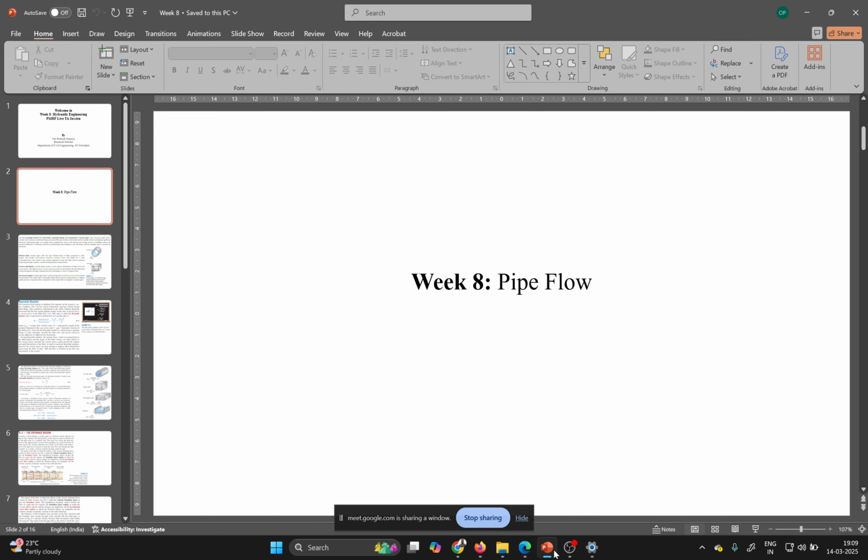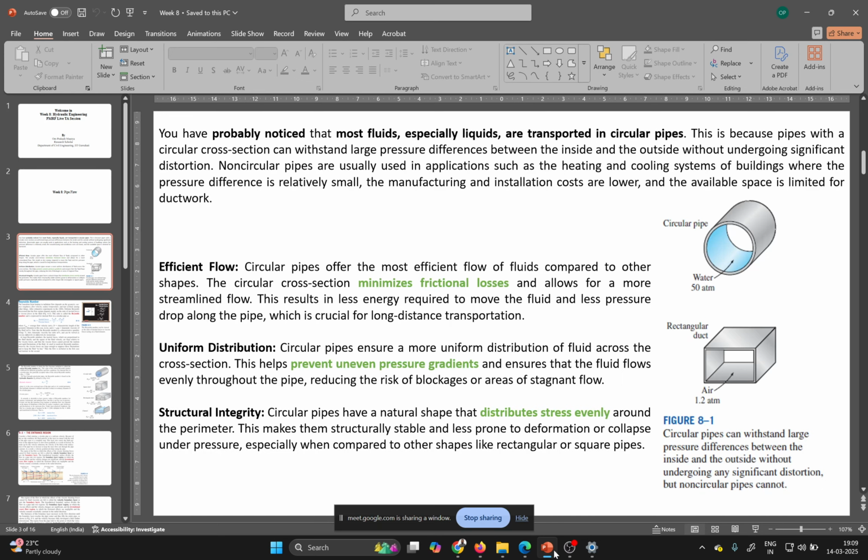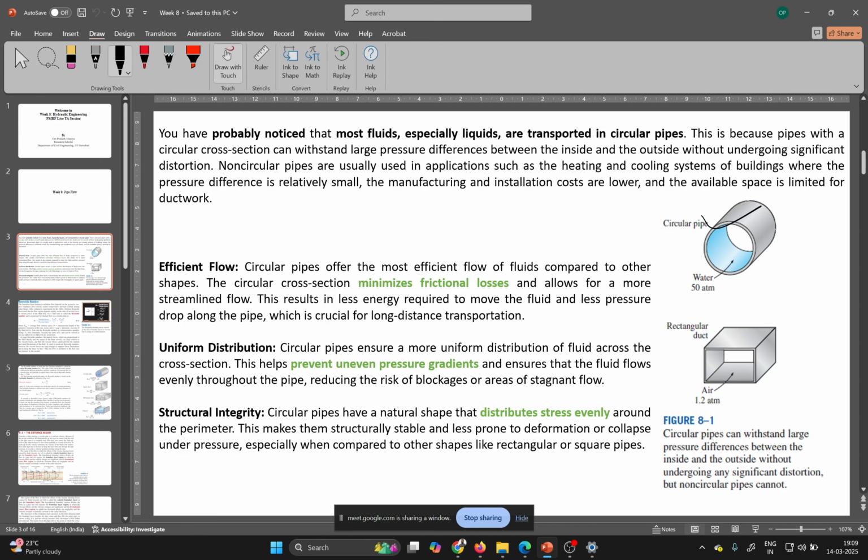Here you can see why we choose a circular pipe in place of a rectangular duct. It is written in a simplified way.